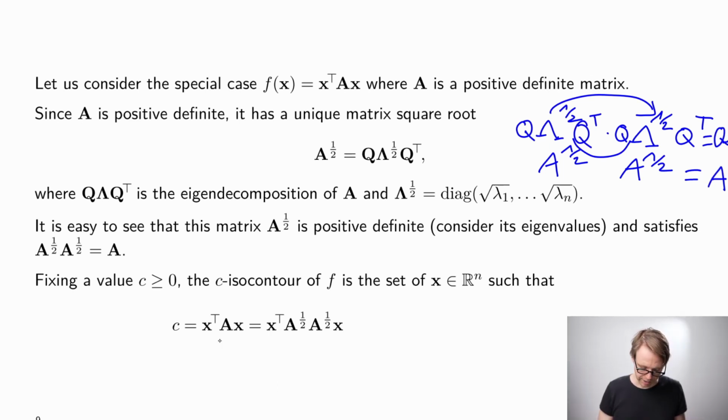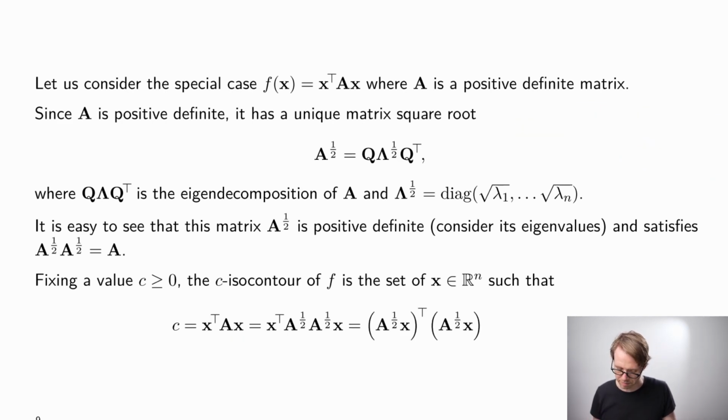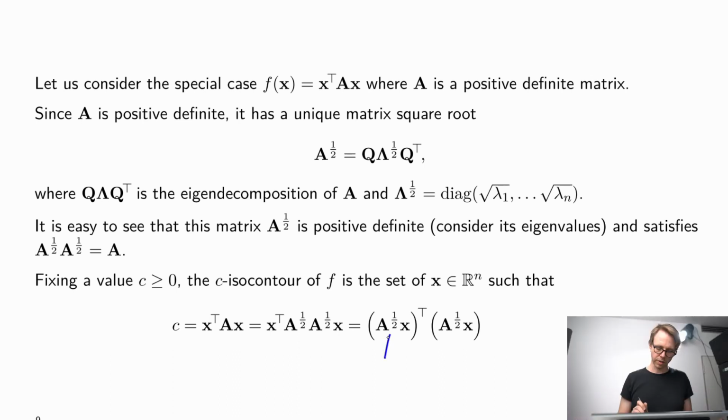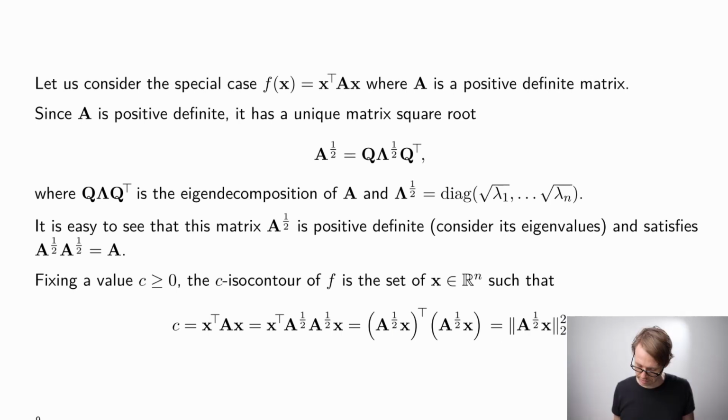So we can write this quadratic form using A to the power of 1/2 times A to the power of 1/2, which means that we can pull A to the power of 1/2 into x. And then we have again an inner product of a vector, A to the power of 1/2 times x, with itself. So if this vector is non-zero, this has to be positive, as it is the squared L2 norm.